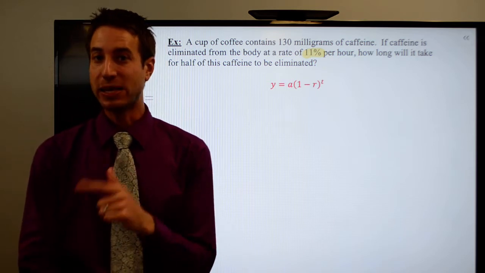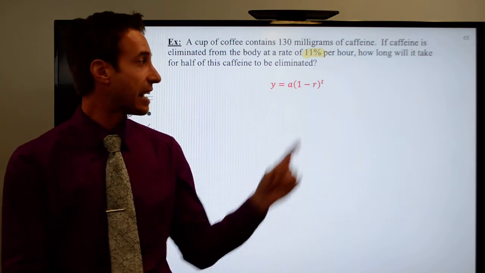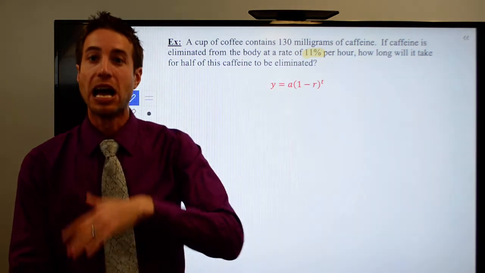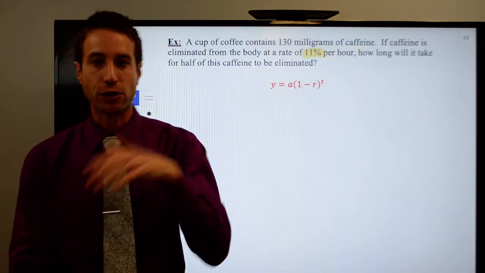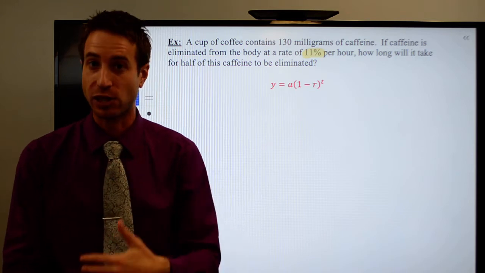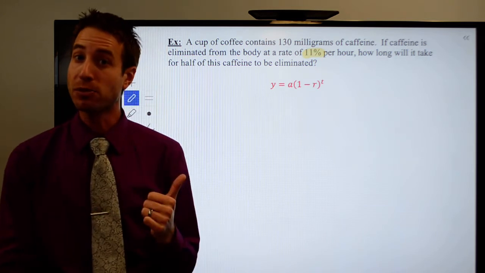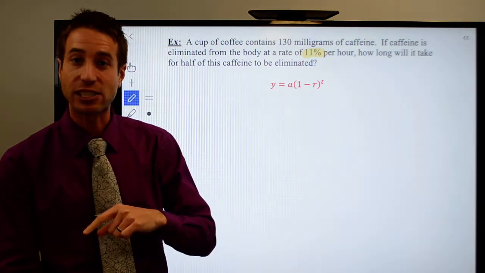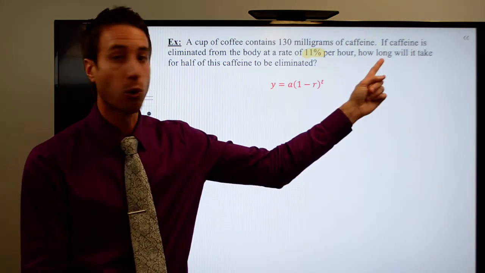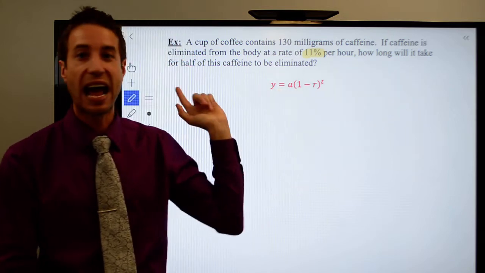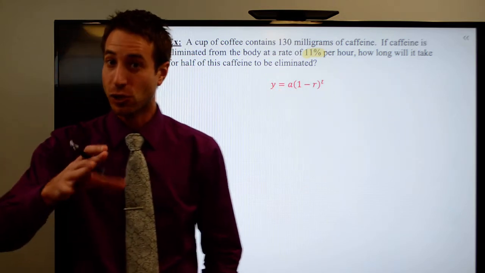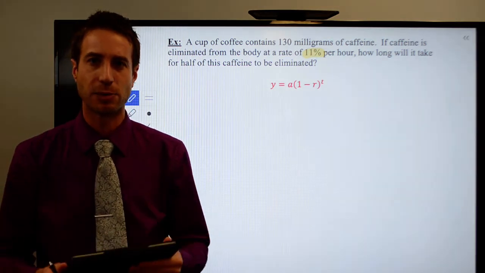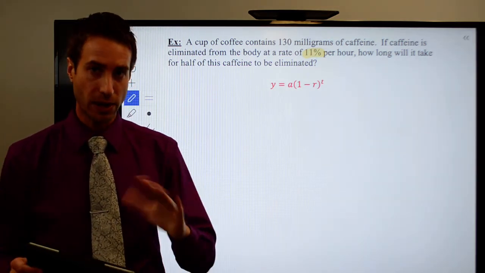However, in the problem we did earlier, I gave you an initial amount of caffeine and then told you I wanted to know after so many hours how much caffeine was still left in your system. This problem's a little different. I've given you the initial amount and then I ask you for the time. How long before half of it is eliminated? If you're like, whoa, this looks familiar, I think we've done this before. Very similar, but a little different.